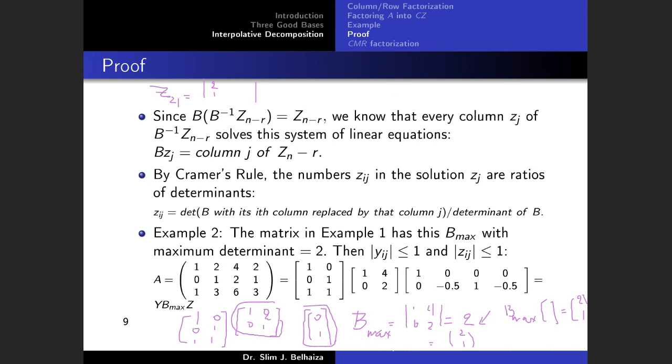It's 4, 2 over the determinant of B max, which is 2. And this is going to be 0, as you see. And the next component is Z2, 2. Instead of the second column of B max, I'm going to put 2, 1. And have this. And I ended up with a half.